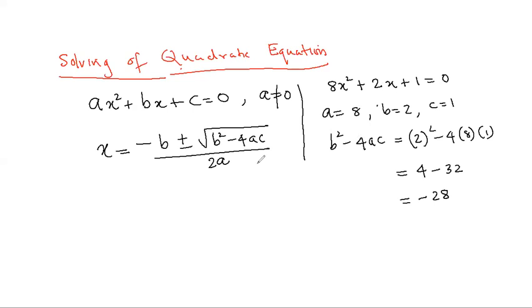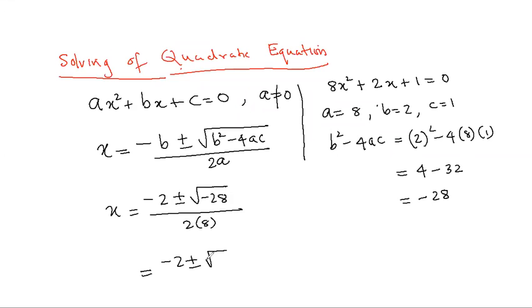Now we will put in the formula. So x will be minus b, minus 2, plus or minus root of minus 28 divided by 2a. That is clear? Now this can be written as minus 2 plus or minus root of minus 28, which is root 28i, upon 16.